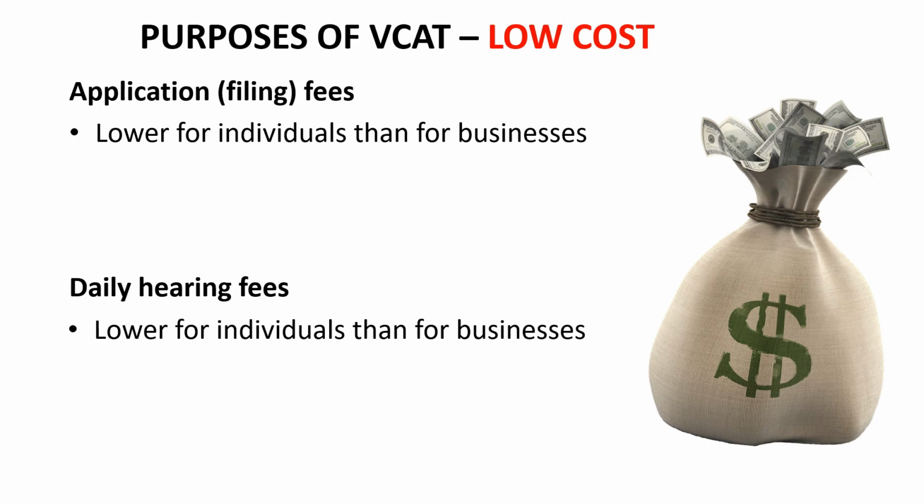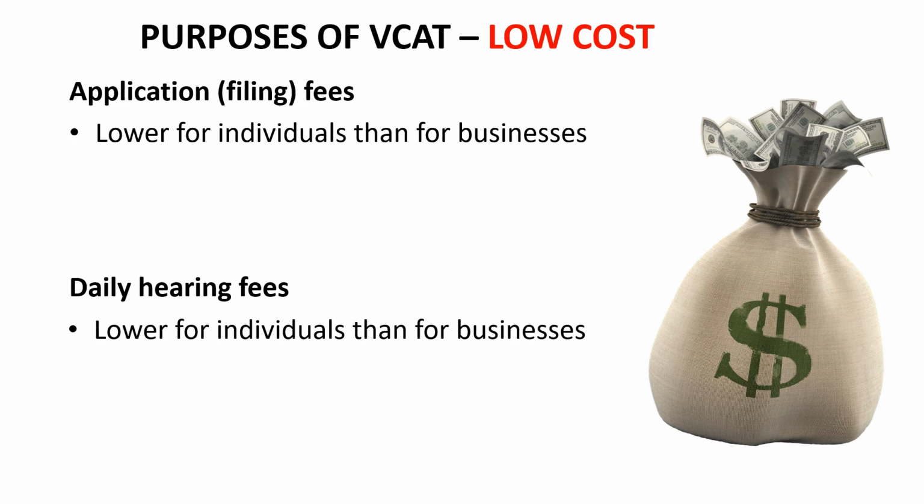Other individuals, that is, people who are not healthcare card holders, as well as not-for-profit organisations such as charities and businesses with a turnover, that is revenue, of less than $200,000 per annum, pay higher application and daily hearing fees, that is, VCAT's standard fees. And businesses with a turnover of more than $200,000 per annum pay the highest application and daily hearing fees, that is VCAT's corporate fees.